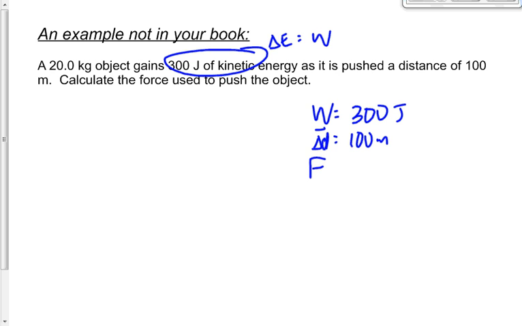And we were asked to find the force there. F is equal to W over D. And we found that on Thursday, and I don't think we had too much trouble with that. A little bit trickier, simply because we weren't given the work, we were given the change in energy. But the work is the change in energy.